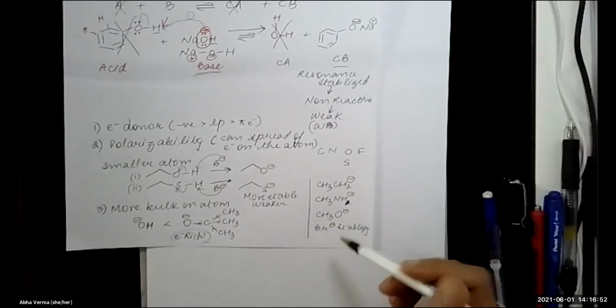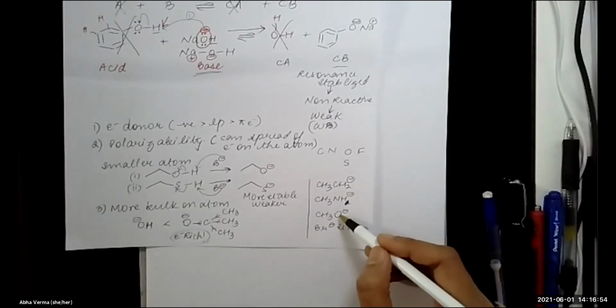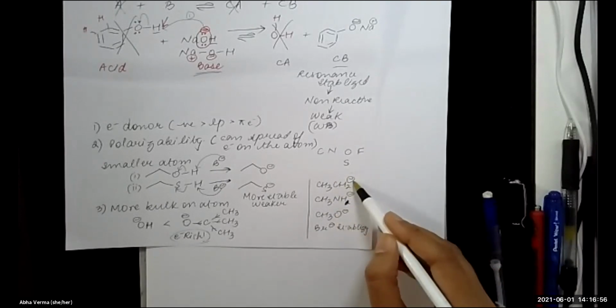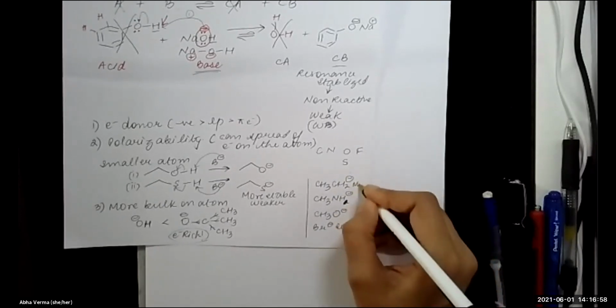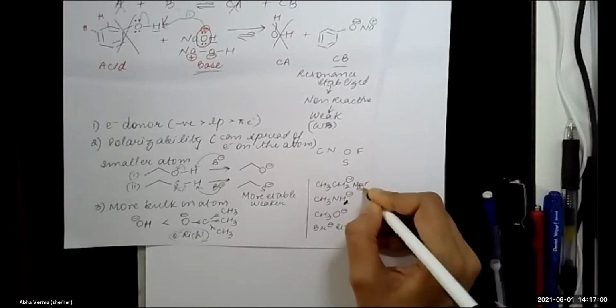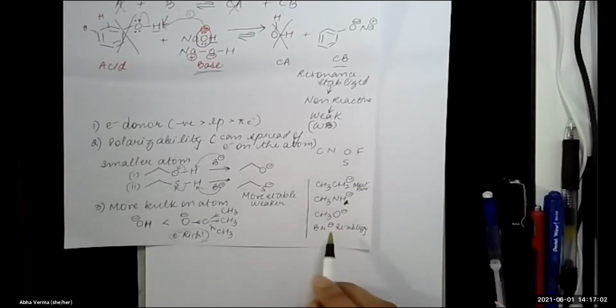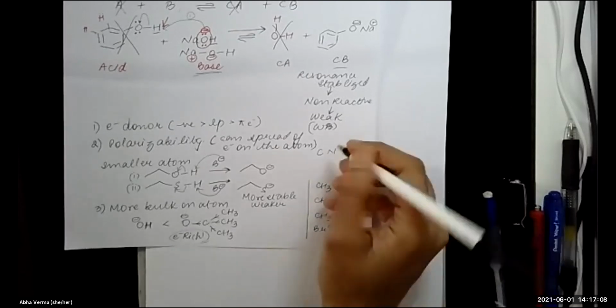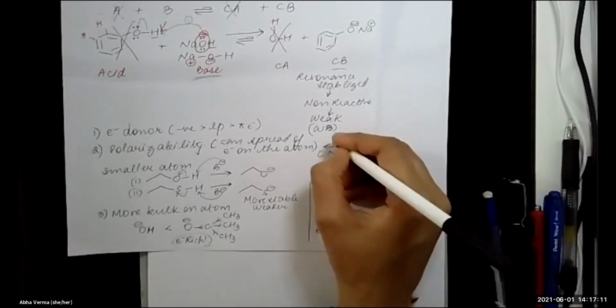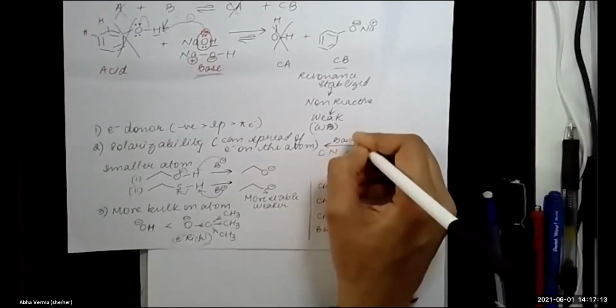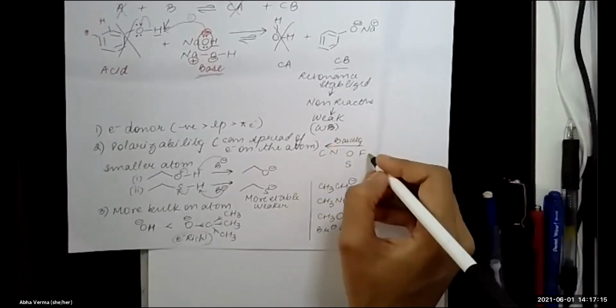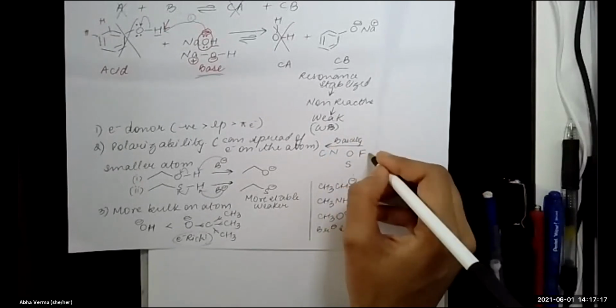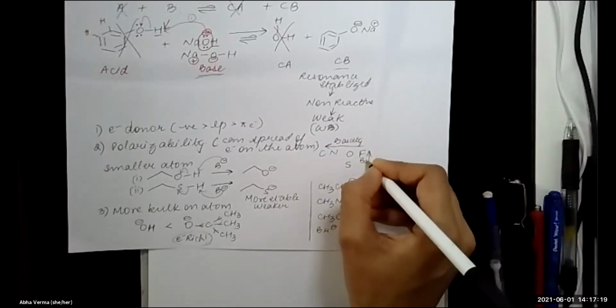And I just told you a few minutes ago that carbon with a negative charge is the most basic, then N negative, then O negative. So this is something that all of you need to remember: the basicity trend.